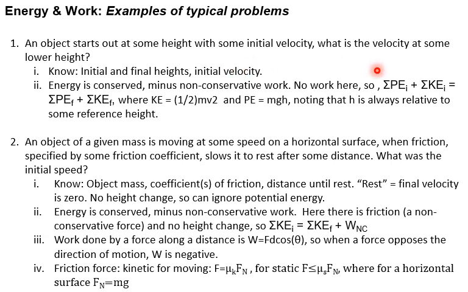You pretty much always wind up using this equation, the conservation of energy equation. Here, there's no non-conservative force, so our W is missing, right? We don't need it. Keep in mind that the kinetic energy is 1/2 mv squared, so sorry, that should be v squared. And your potential energy is mgh, where the h is the height, it's always relative to some reference height. Then you just work through the algebra.